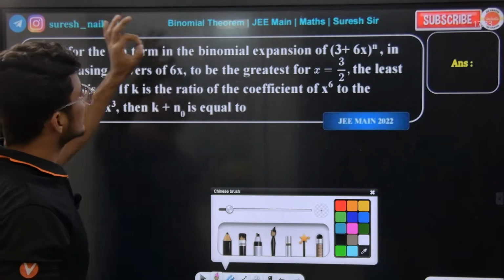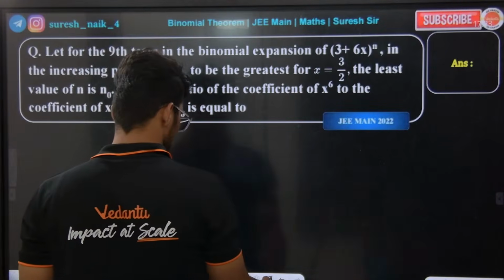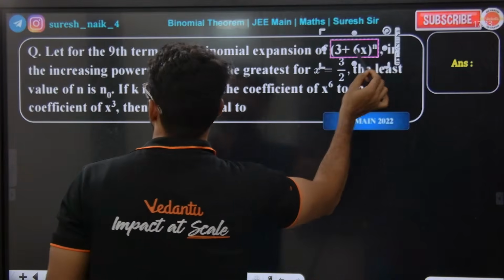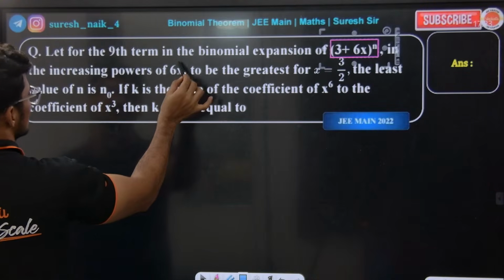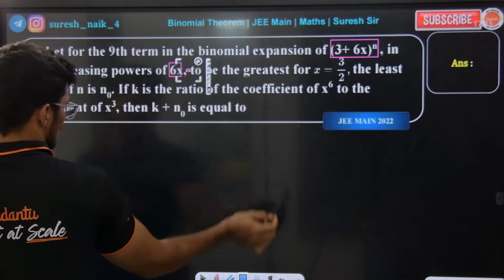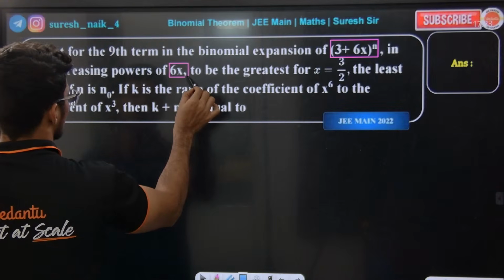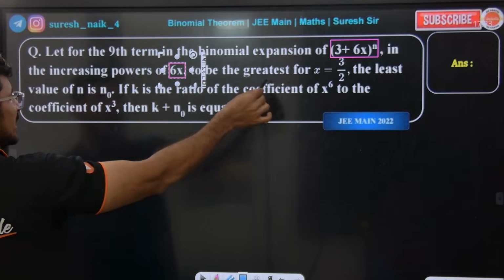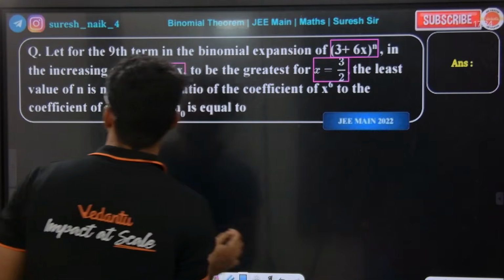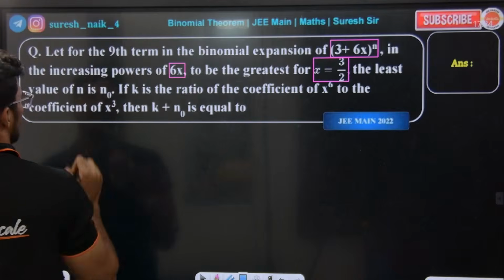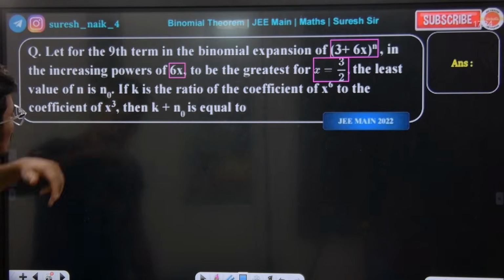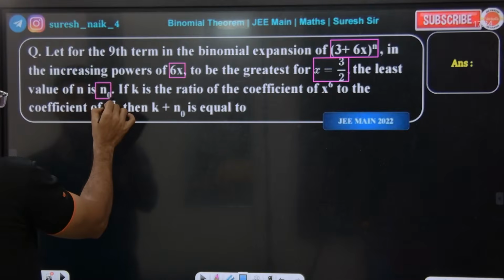Let the ninth term in the expansion of this, in the increasing powers of 6x, be the greatest for x value 3 by 2. The least value of n is n naught.